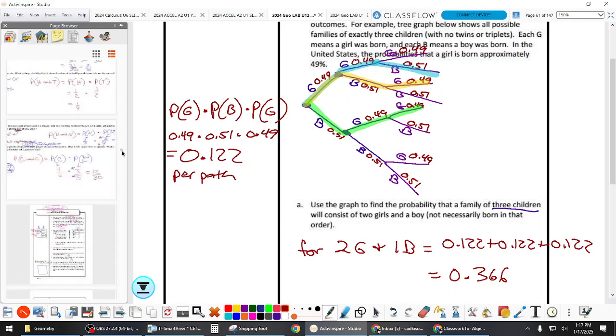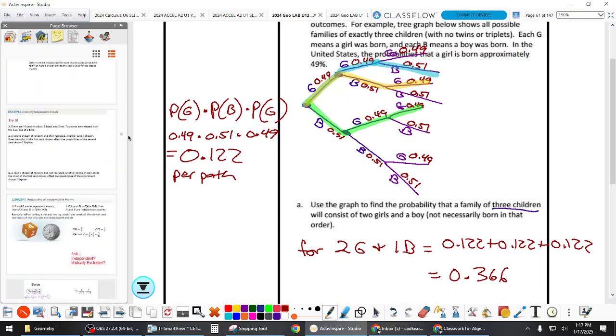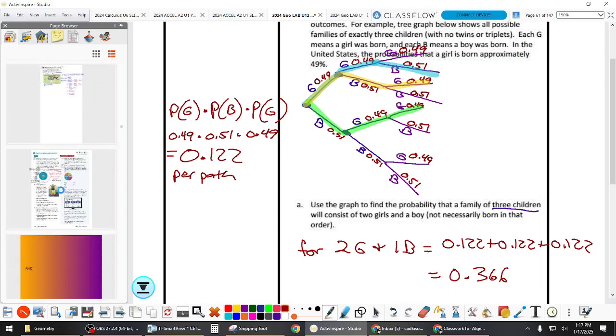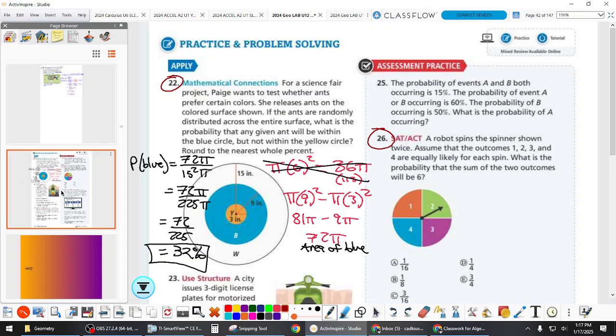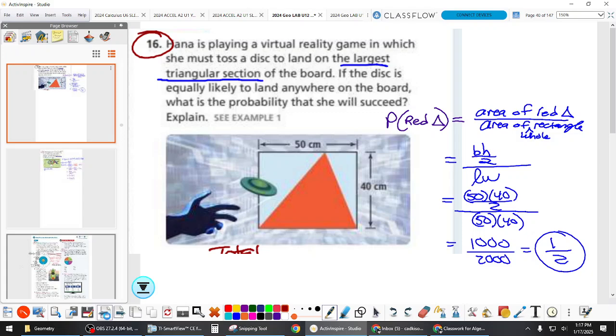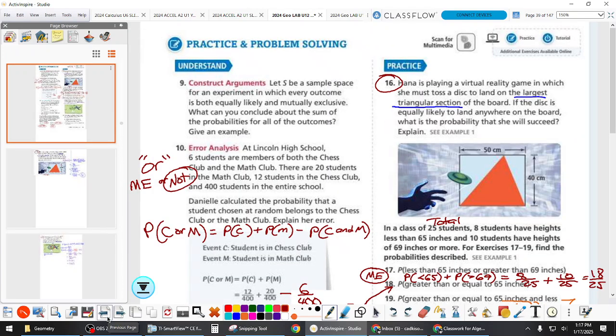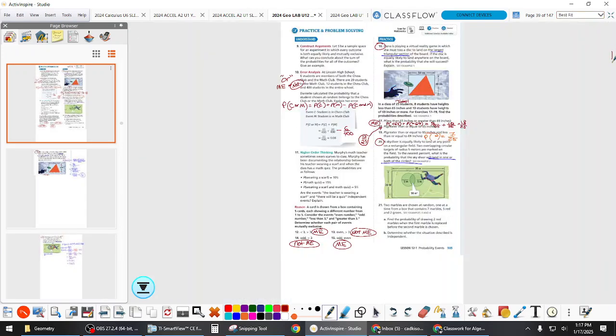On the sheet that we worked on with or probability, why don't you grab it? And why don't you circle 11?